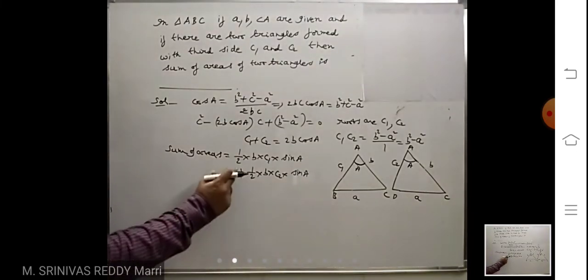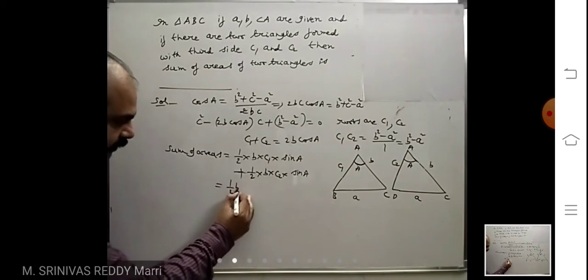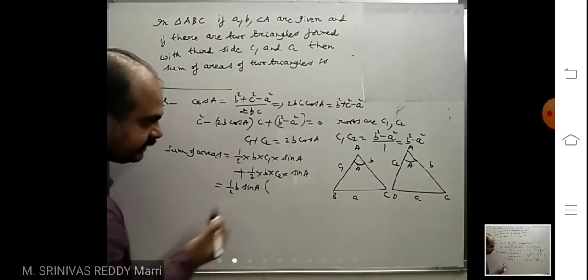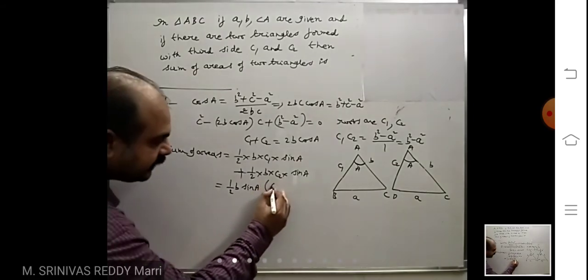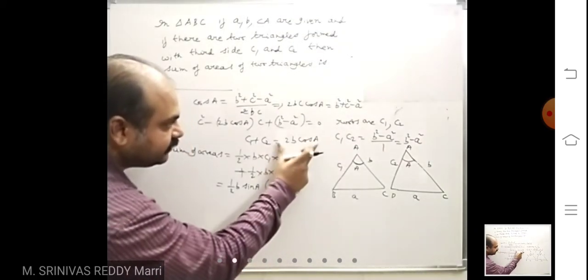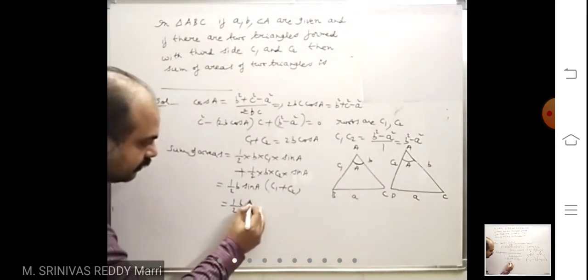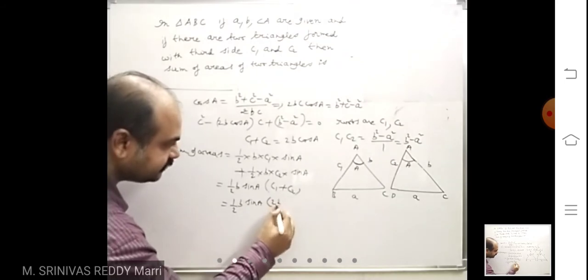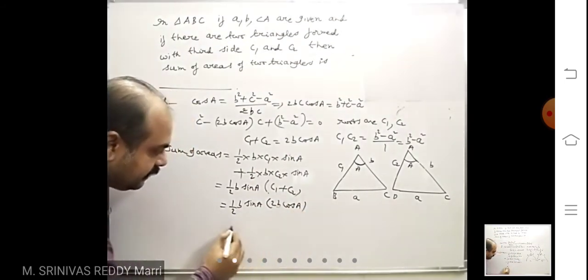Now I am taking common. What is common? Half b sin A is common. What will you get? c1 + c2. What is c1 + c2 here? 2b cos A, the sum of the roots you know.